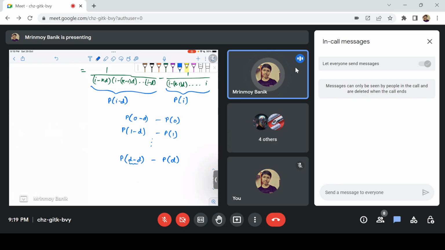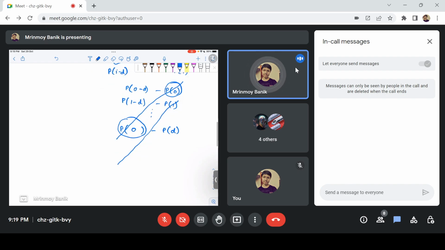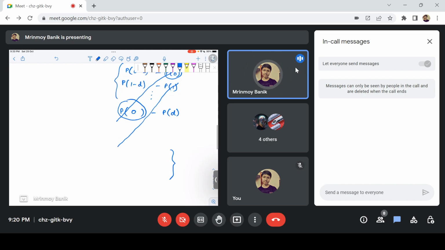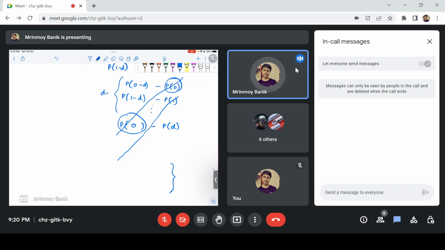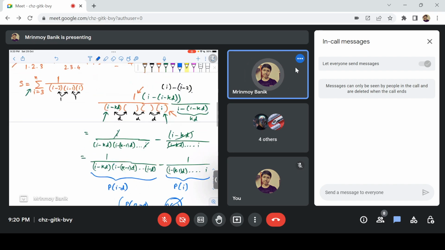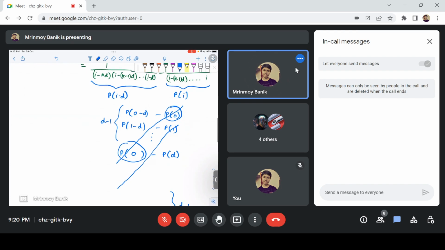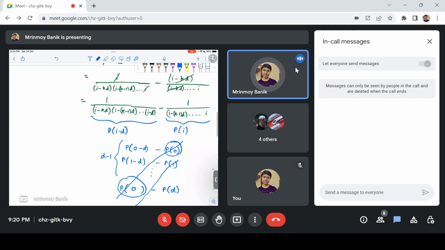So this is p0, and this p0 and this p0 get cancelled. Similarly, the next p1 and p1 will get cancelled. So you will be left with these things above p0, and similarly there will be d minus 1 things. So that whole expression containing n things, you will be able to reduce into 2d minus 1 things. So that's what telescoping is for.